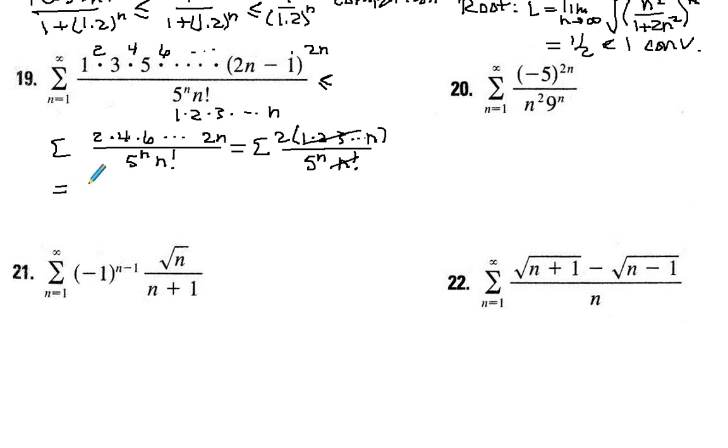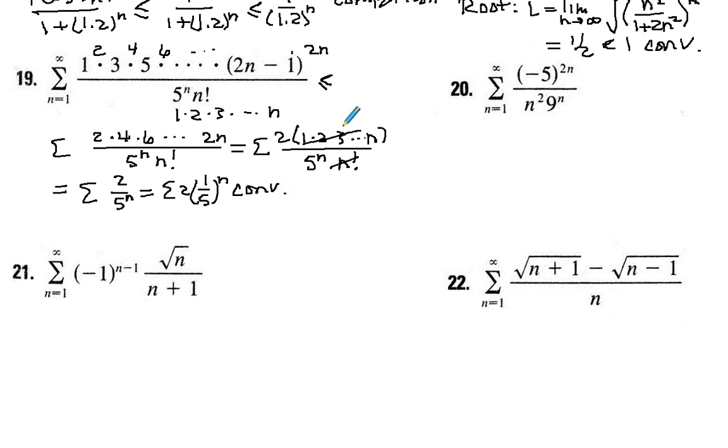And now that equals the sum of 2 over 5 to the n, which converges, because this is the sum of 2 times 1/5 to the n. Just pull the 2 off in front, and then 1 on the top is the same as 1 to the n. So 1 to the n over 5 to the n is 1/5 to the n. So this converges because it's geometric.